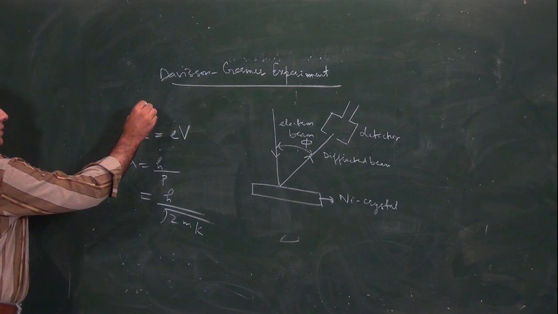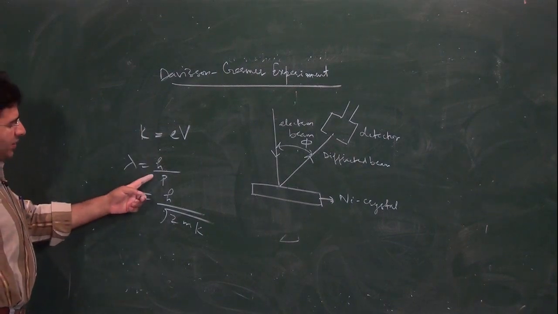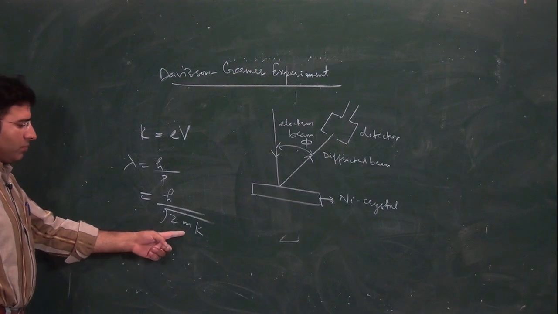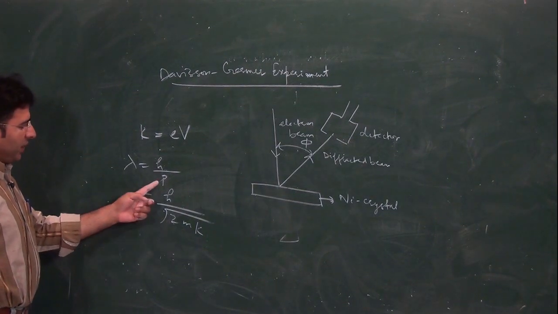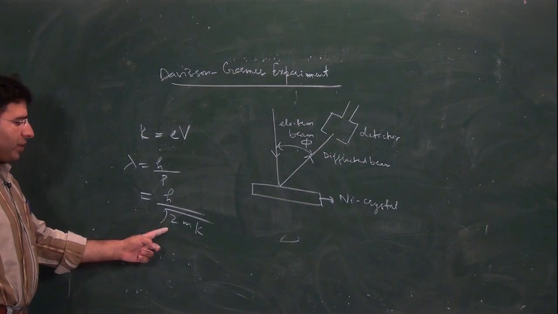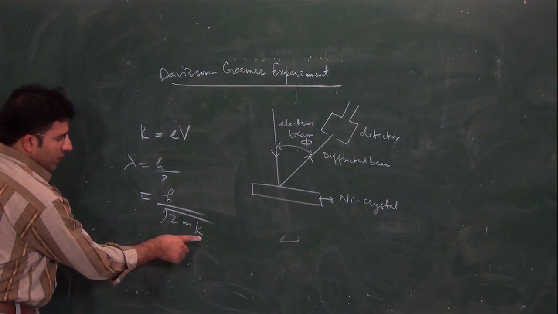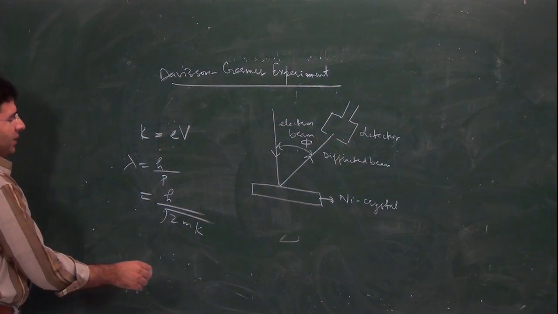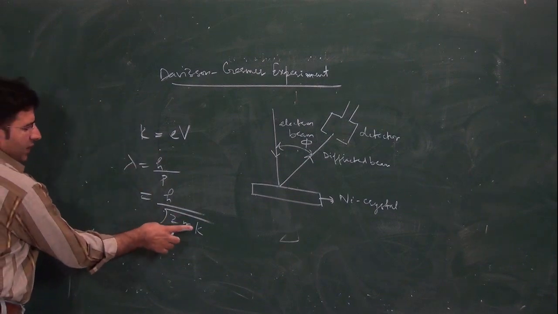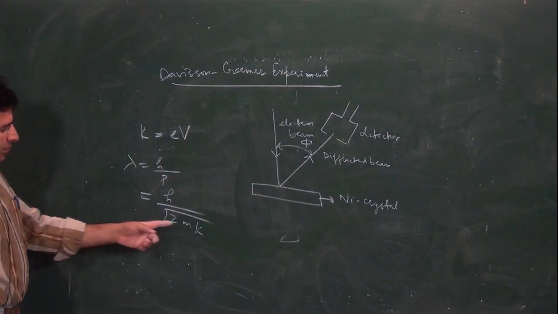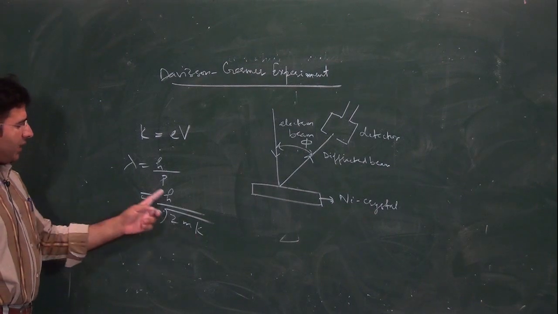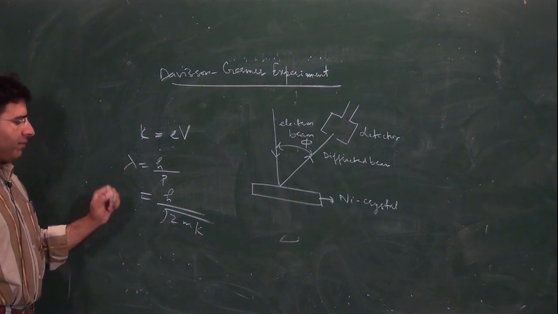Because we know there is a relationship between kinetic energy and momentum, p can be written as under root 2mK. So if you adjust the kinetic energy of the incident electron beam, you are adjusting its de Broglie wavelength.